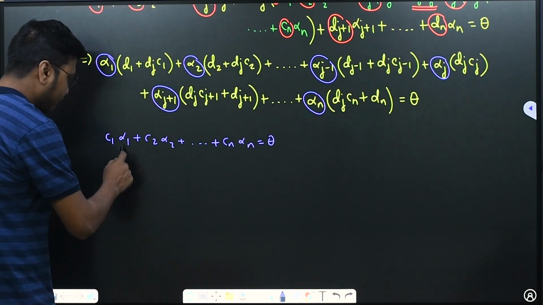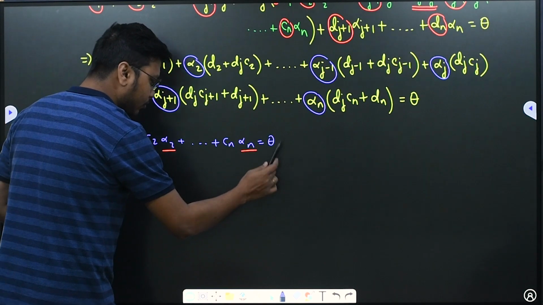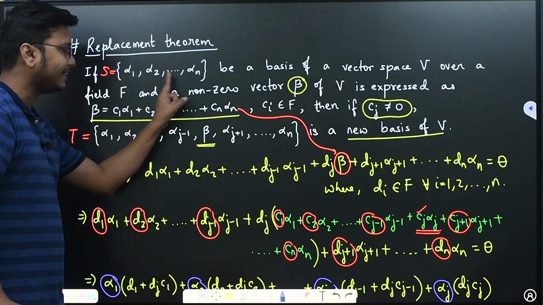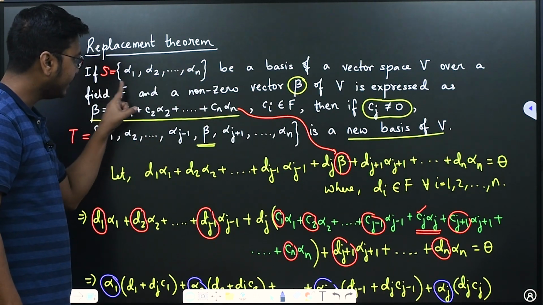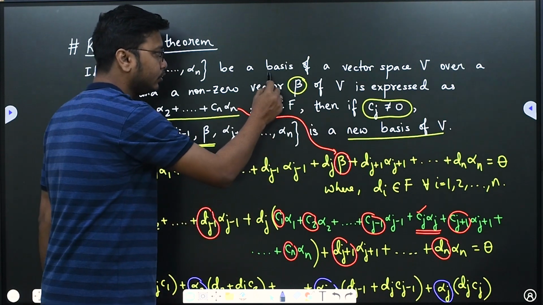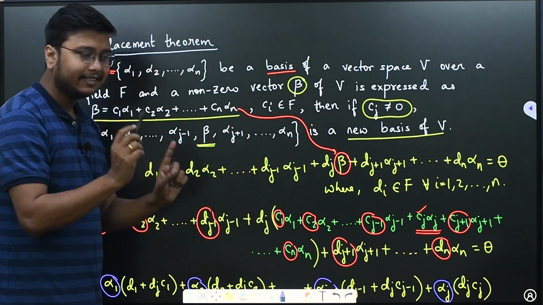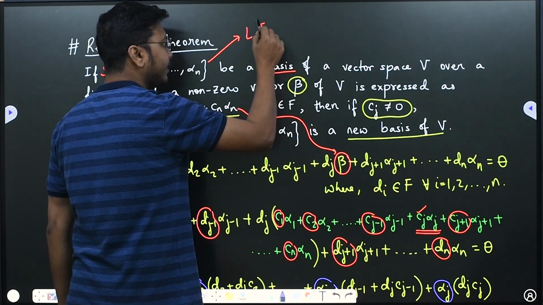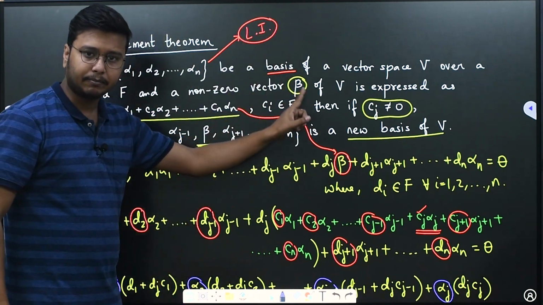Okay, and what are these elements, alpha 1, alpha 2, alpha n? These are the elements of the set S, and it is told that S is already a basis. That means the set S is definitely linearly independent because S is a basis.